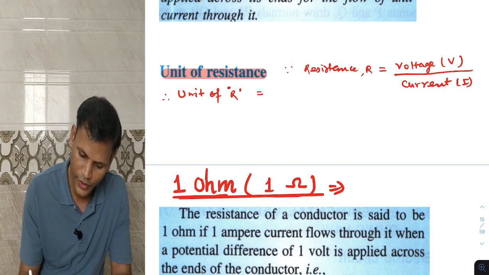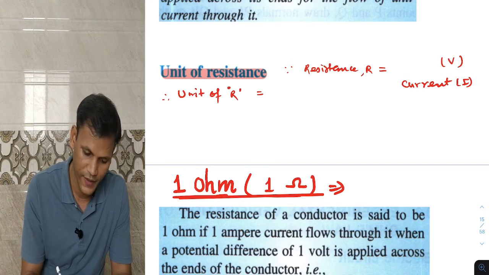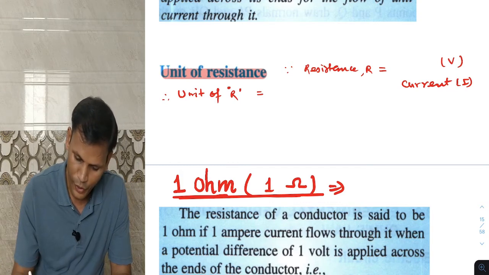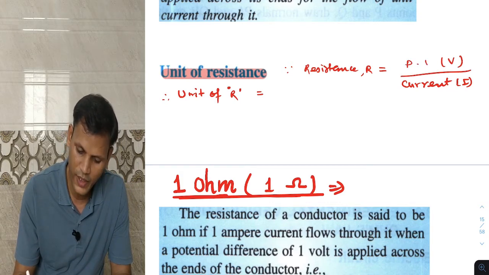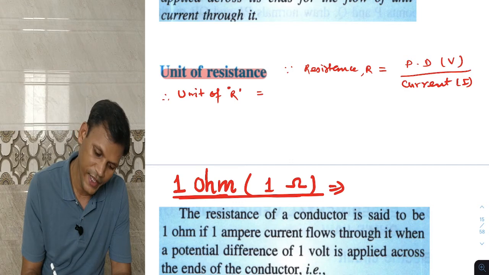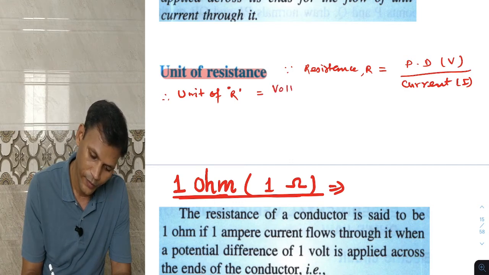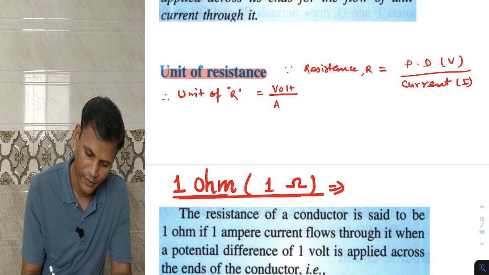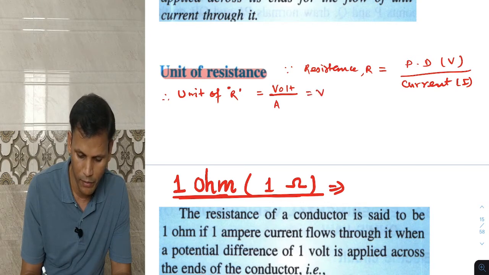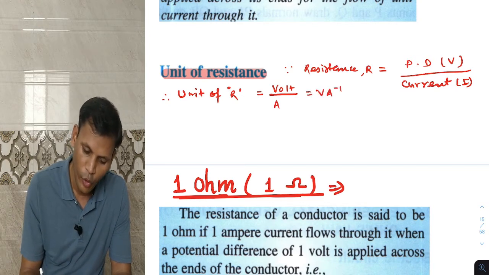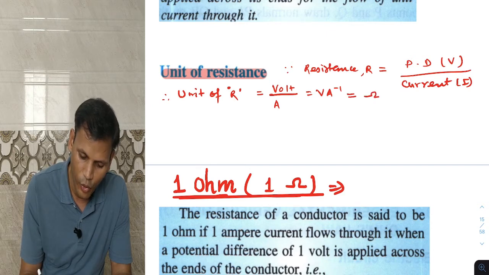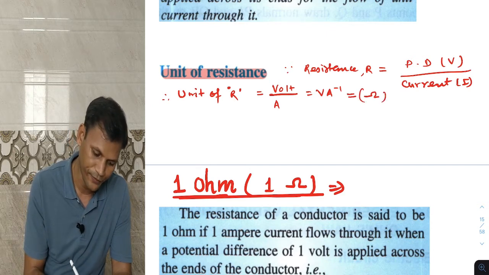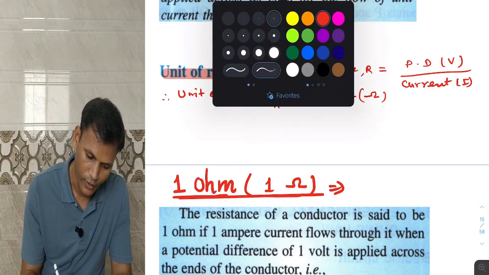We will not write voltage over here, we will write potential difference. The unit of potential difference is volt, and the unit of current is ampere. So it will be volt per ampere, and volt per ampere itself is ohm, OHM. This is the symbol.